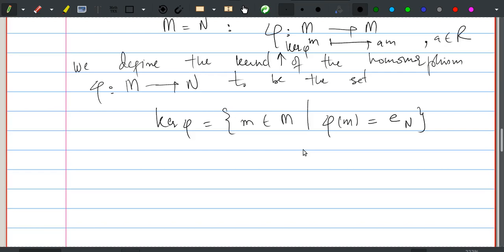So let us define cyclic modules. We have another definition. Let R be a ring.